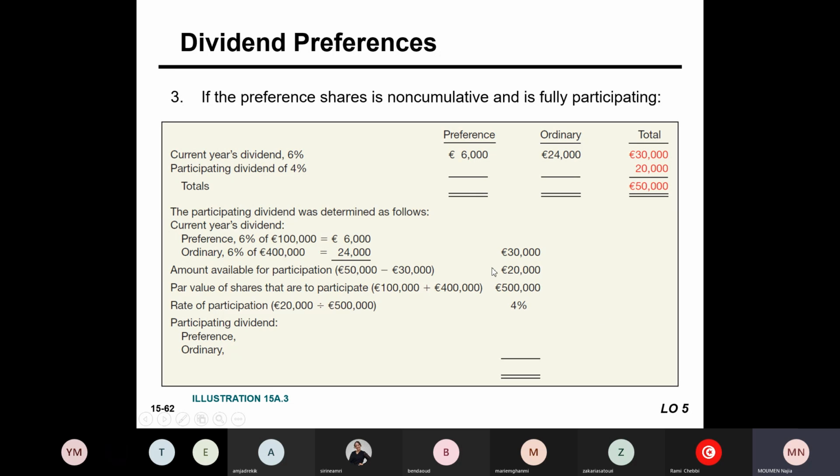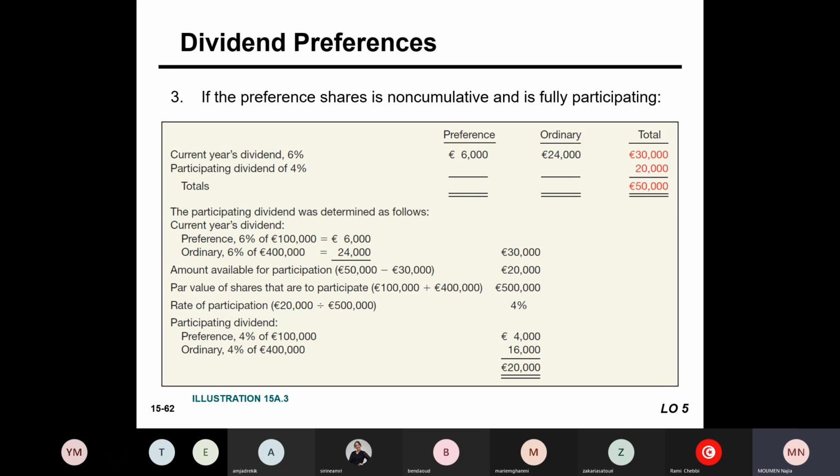So if we divide 20,000 by 500,000, we get the 4%. Then we simply apply the 4% to each par value: 4% of the 100 is 4,000, and 4% of the 400 is 16,000.